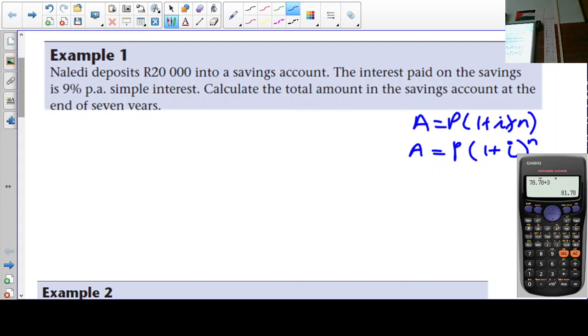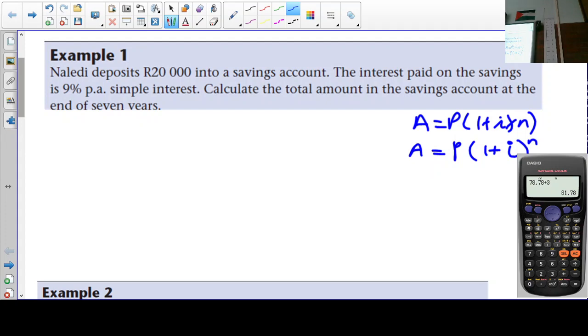What does your P represent? Starting value, initial value. Your I is your rate over 100, and your N is time in years. Is there any confusion? Are you all with me?